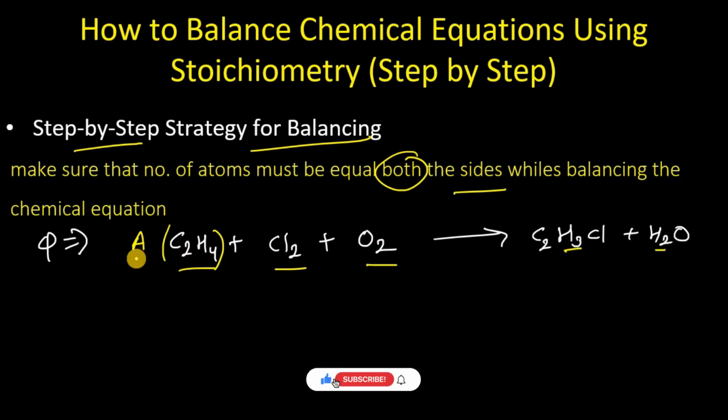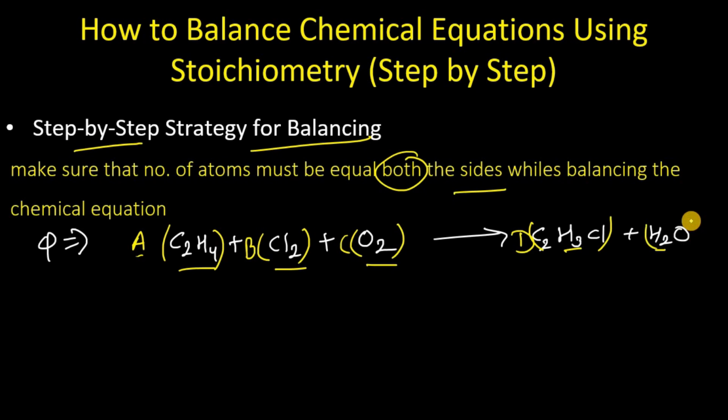Because we have to balance this equation, I don't know what A will be, because it could be 1, 2, 3, so I write an unknown number A here, B here, C here, D here and E here. So A moles of ethylene react with B moles of chlorine plus C moles of oxygen, and produce D moles of vinyl chloride plus E moles of water. This is very helpful when you calculate the reactant or the quantity of your product.